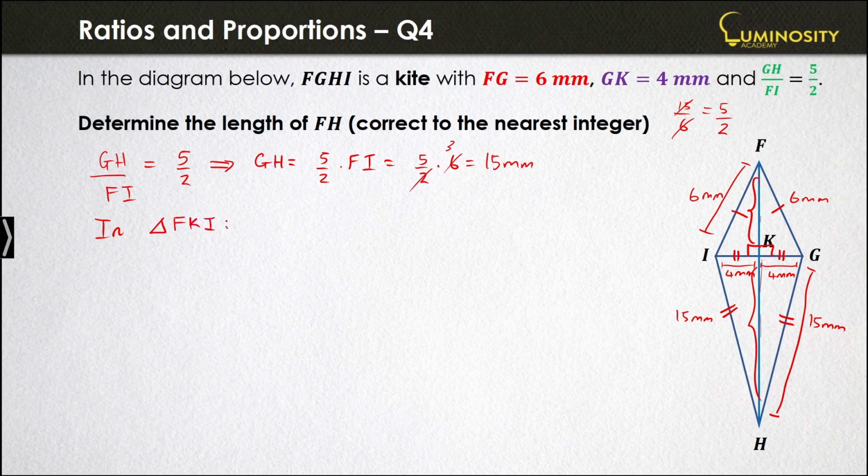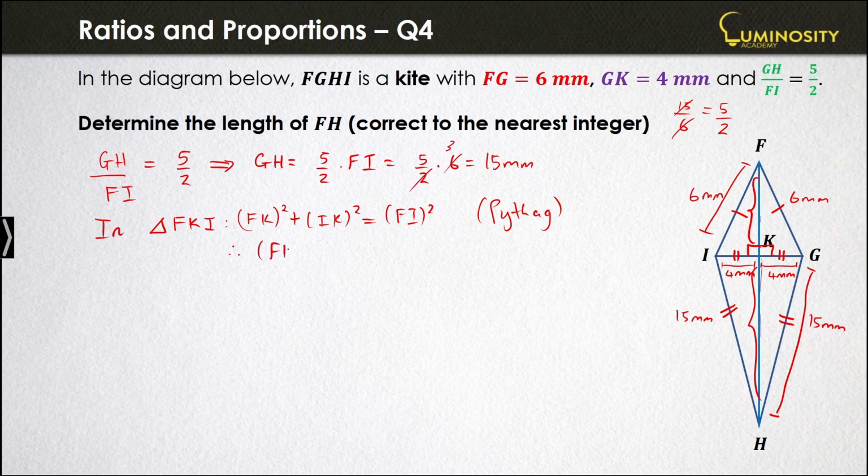So in triangle FKI, we have that FK squared plus IK squared equals FI squared. That's from Pythagoras. Whenever you have right angle triangles, Pythagoras should be one of the first things that comes to your mind.